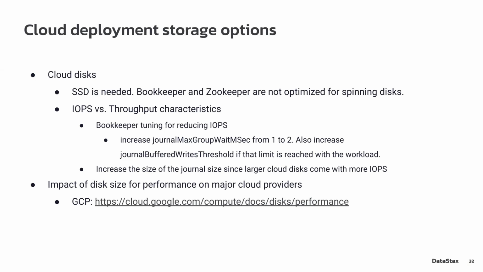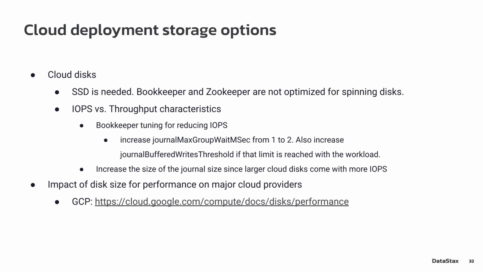In Bookkeeper, it groups the fsync operations with the parameter called journalMaxGroupWaitMSec. A rough calculation from that is that it would go to about 1,000 IOPS per second for writes when using a setting of 1.